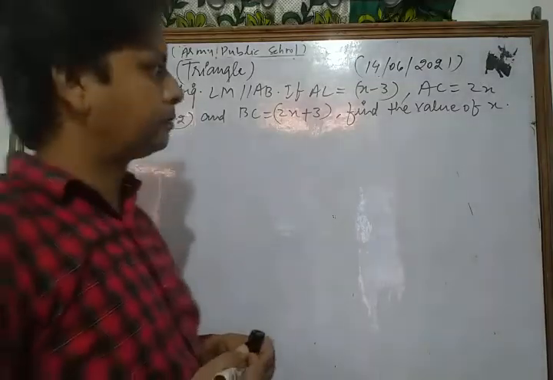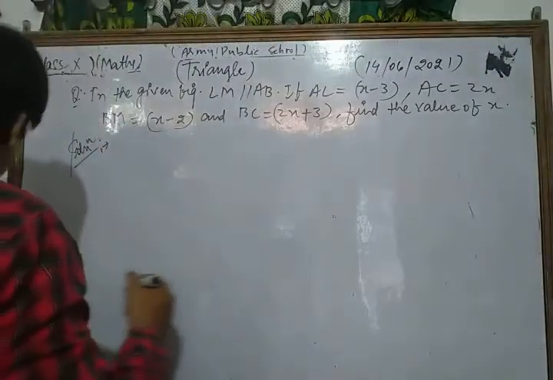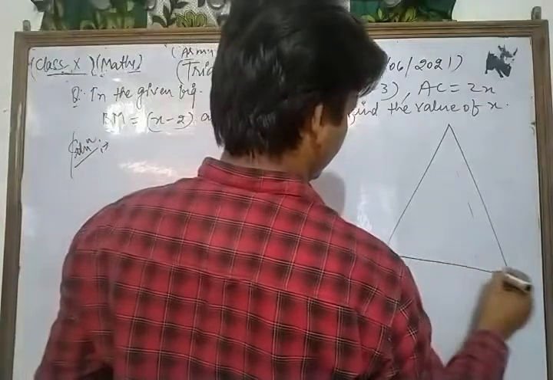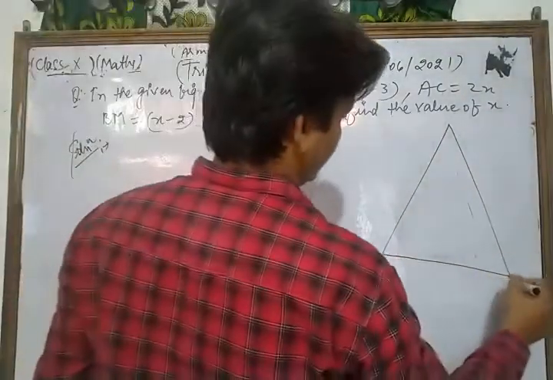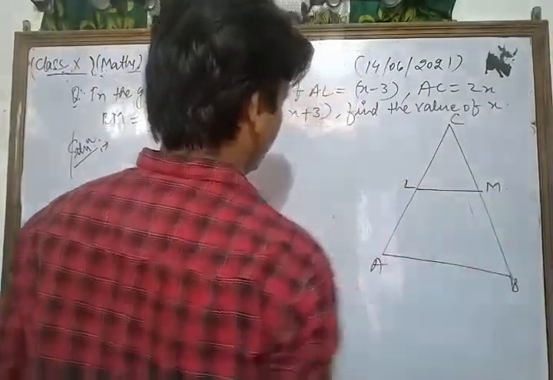Dear friends, your figure is given as this is triangle ABC, and LM is parallel to AB.